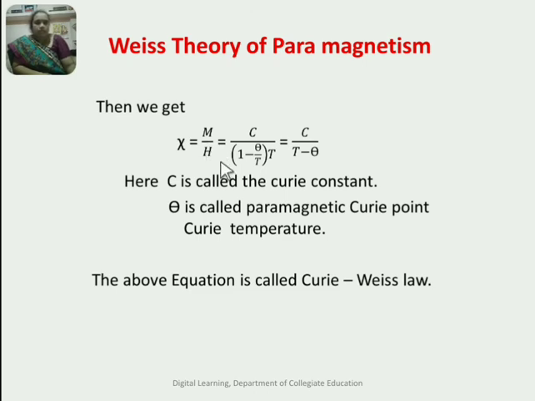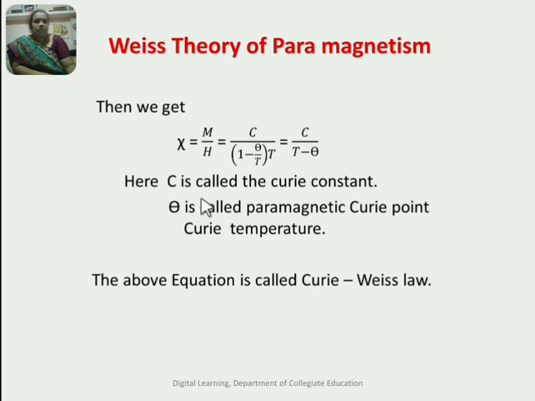Substituting the value of M from the above equation, we get C by 1 minus theta by T into T. So after simplifying, we get C by T minus theta. Chi is equal to C divided by T minus theta.